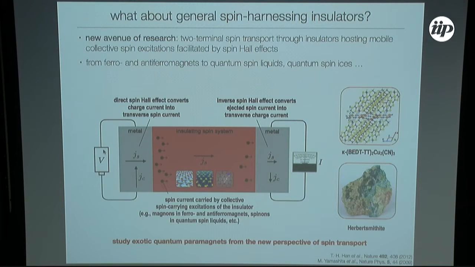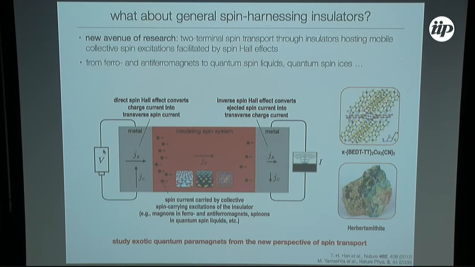And I think that goes well with the title of this whole workshop, which is collective spin transport through electrical insulators. Electrical insulators don't have to be magnetically ordered. They can be magnetically disordered, but still have mobile spin excitations, which can transport spin from one side to the other. So this, I think, is an interesting direction.